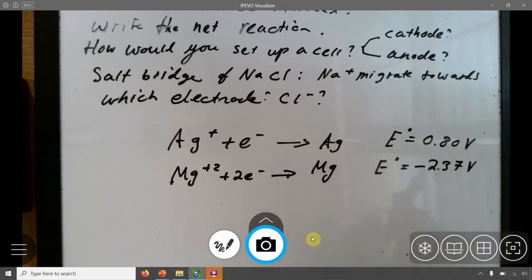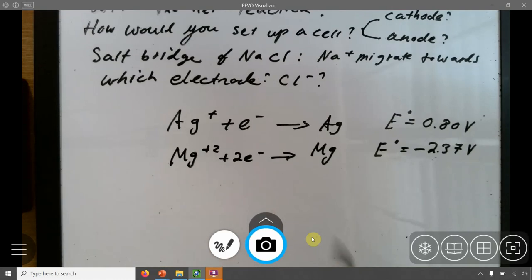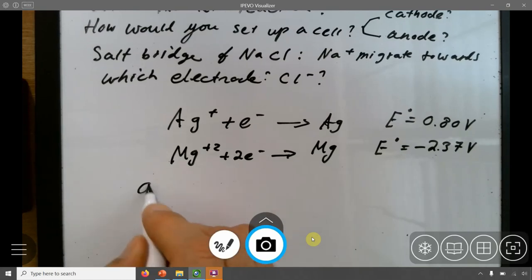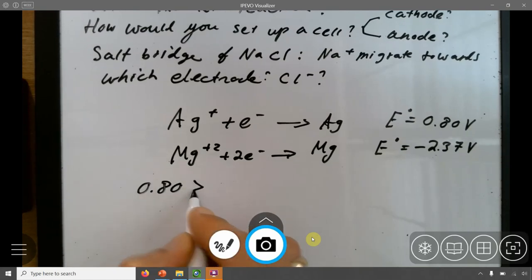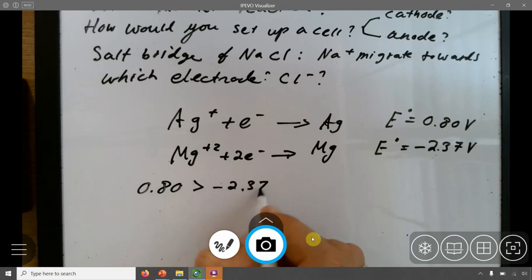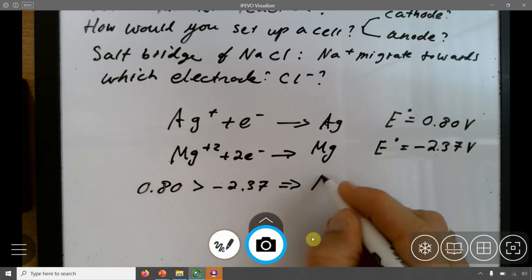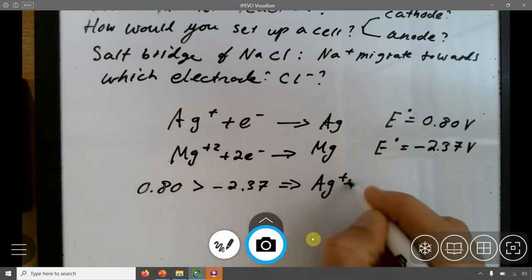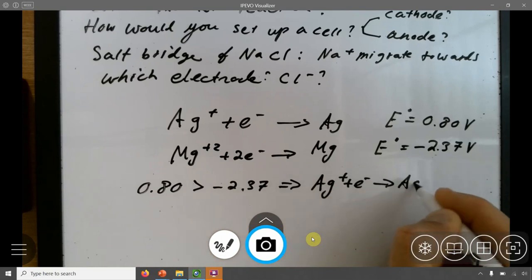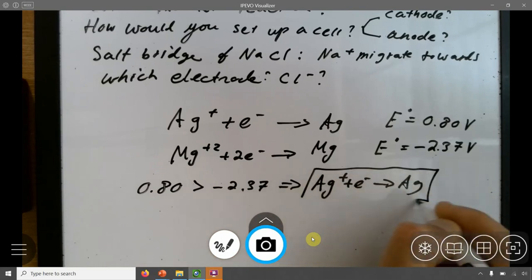All right. So based on this, whichever one is higher, which one is a larger number, is going to be the one that wants to be reduced, meaning that the forward reaction is what's going to happen. Since 0.80 is greater than negative 2.37, this implies that the silver reaction is what's going to occur.